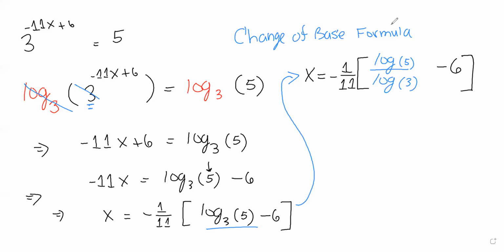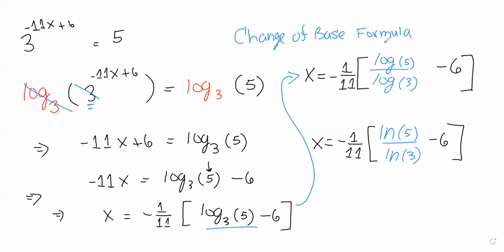So we arrived to the same solution as before, as when we used the common log. And again, since we just used the change of base formula, we could have expressed it as the ratio of logarithms with any base. So we could have done base e. If we did a logarithm with a base e, well, that's the natural logarithm. So we could have also expressed it as the ratio ln of 5 over ln of 3. Again, the ratio of these logarithms should be equal.